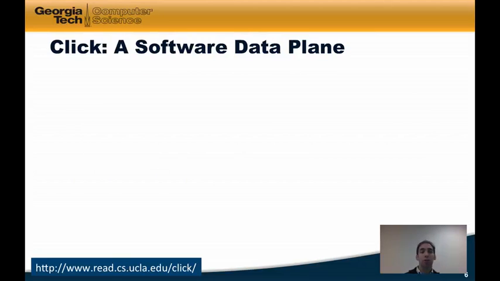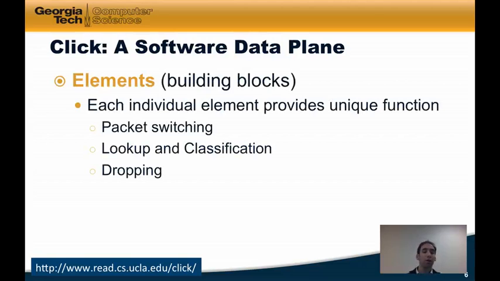The Click modular router is one such customizable data plane implemented in software. The key building block in Click are elements. Each individual element in Click performs a unique data plane function, such as packet switching, lookup and classification, dropping, and so forth.